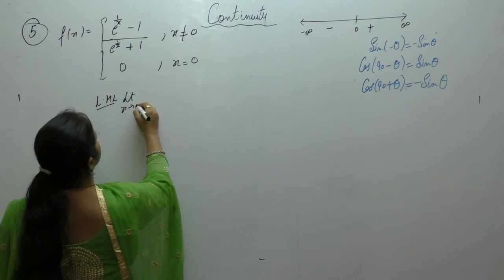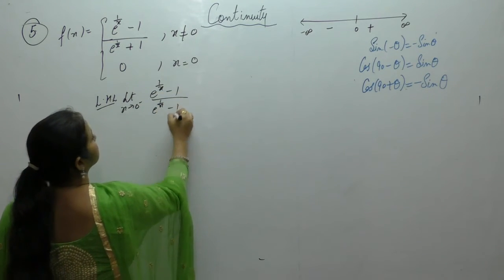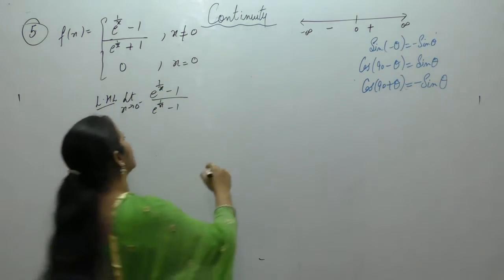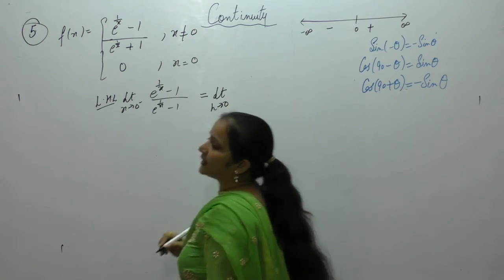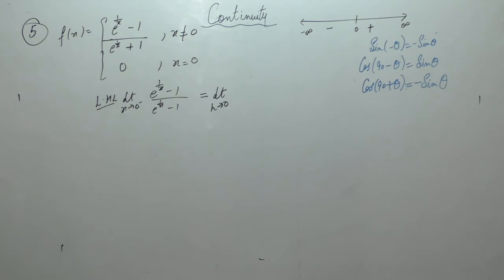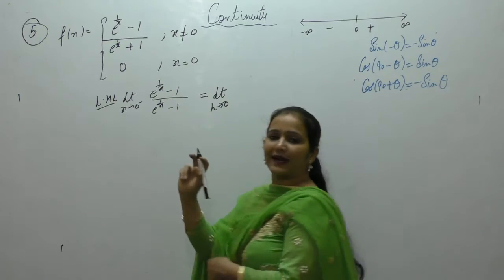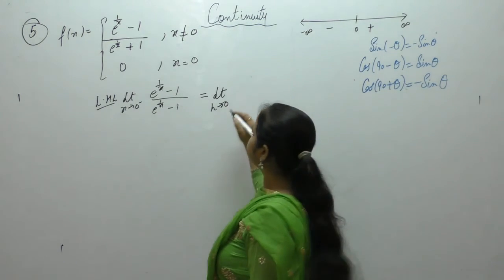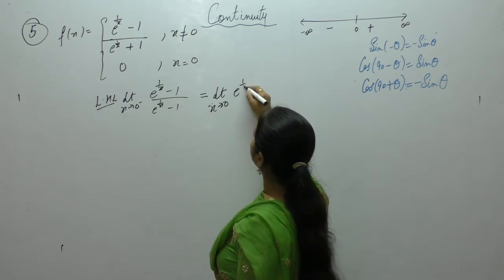limit x tends to 0 negative, e power 1 upon x minus 1 upon e power 1 by x plus 1. When limit h tends to 0, we write it as 0 minus h. First, take e power 1 by x common.